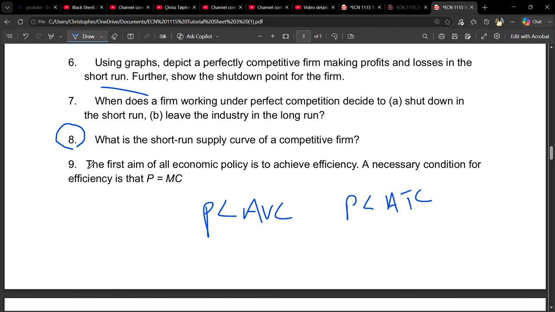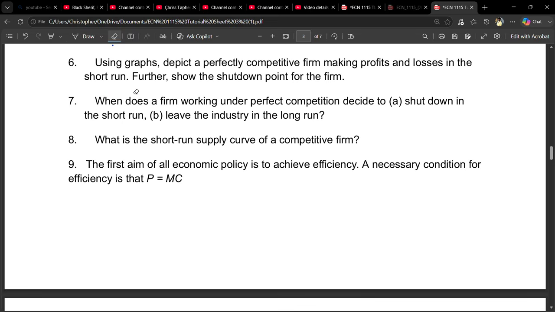Question 8 is saying what is the short run supply curve of a perfectly competitive firm? The short run supply curve in perfect competition is simply the portion of the marginal cost above the AVC.